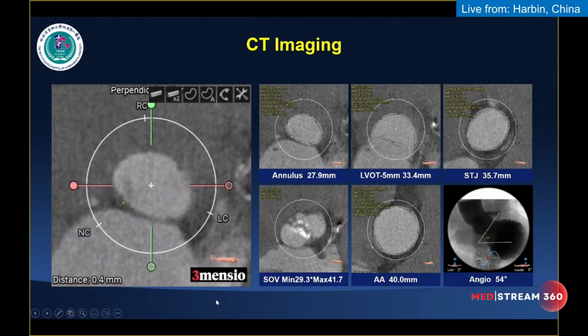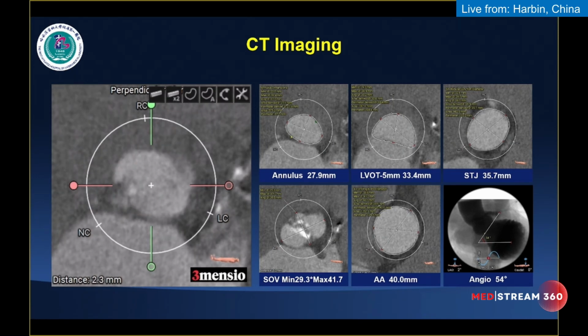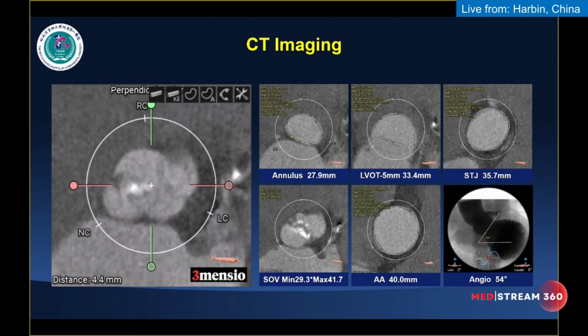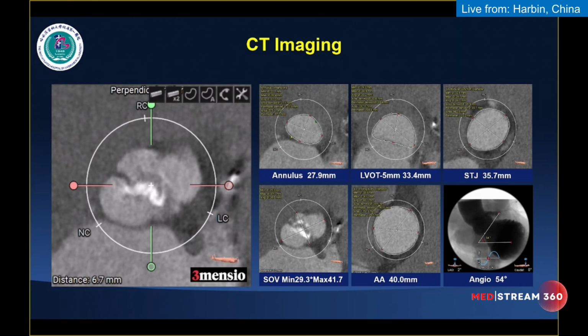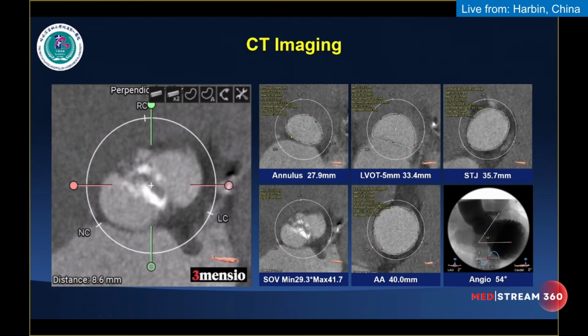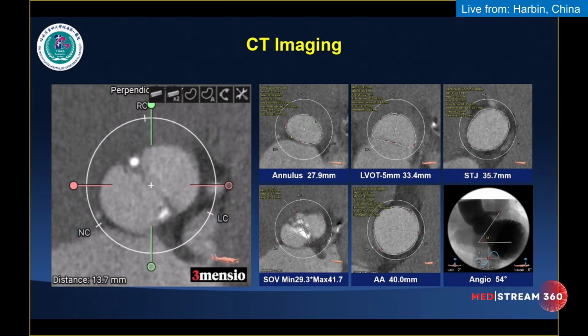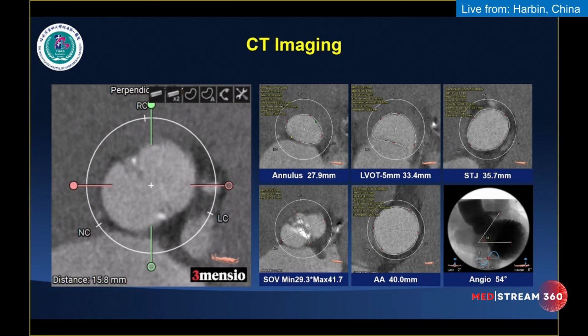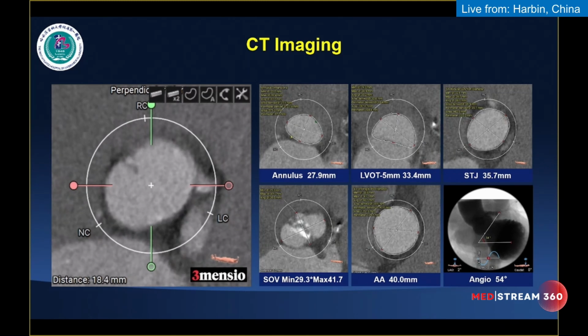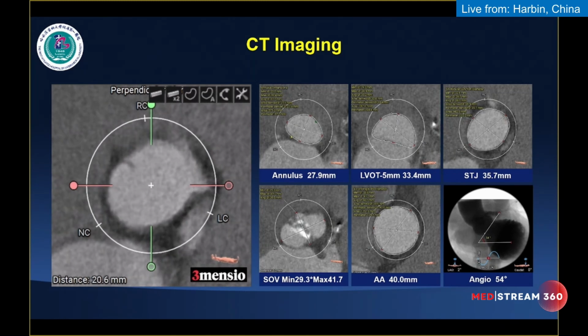It is based on the aortic root, from the subvalvular LVOT 5 millimeter plane to the annulus plane and to the supravalvular plane to AAO. It shows type 0 and the LVOT is dilated.